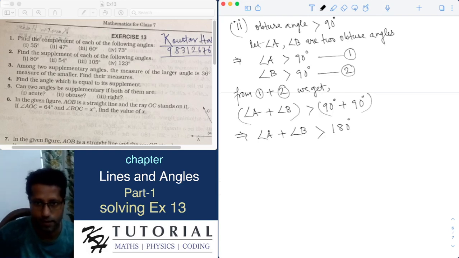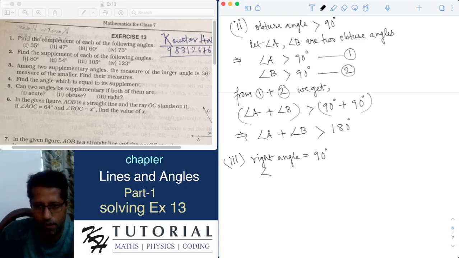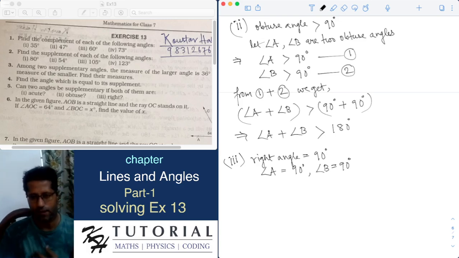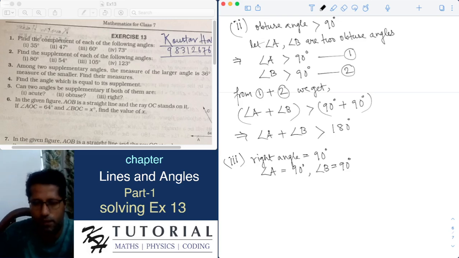Part 3 is right angle. It is given that if two angles are right angles, can they be supplementary? What is a right angle? We know that a right angle is 90 degree. So let's say the two angles A and B are both right angles, so they are equal to 90 degree.